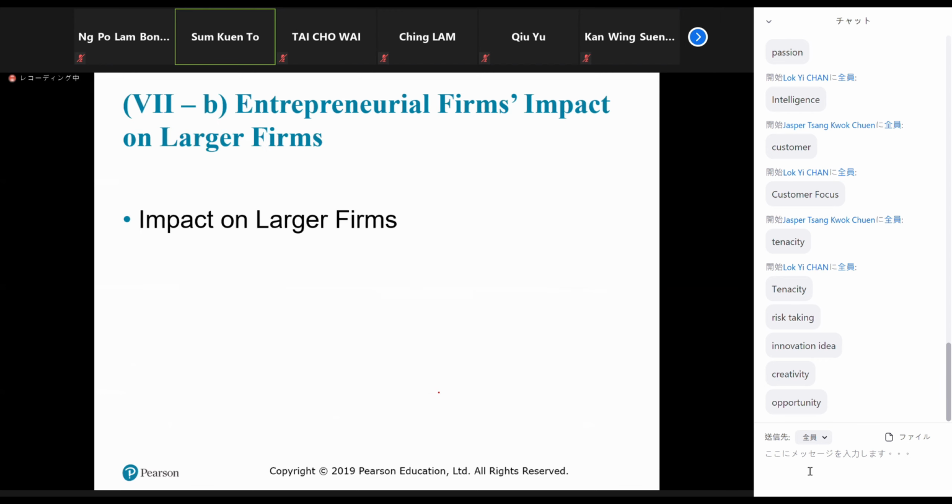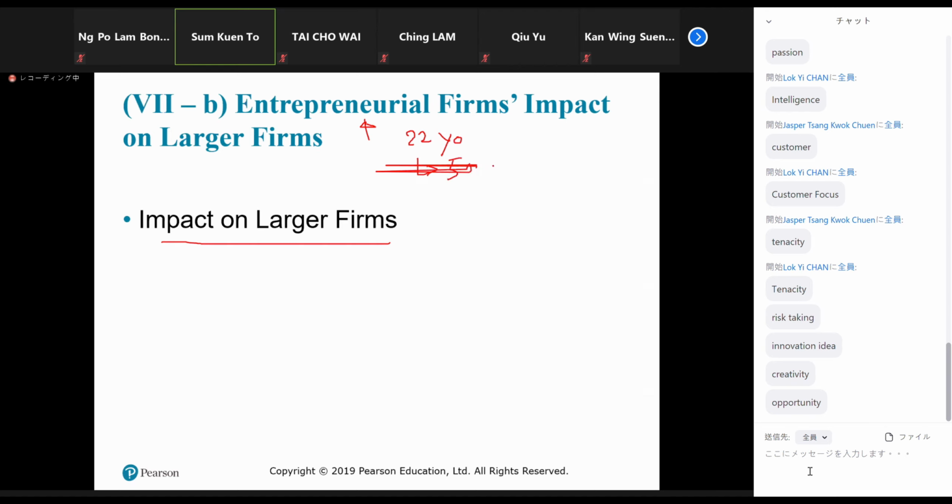All right. Anyway, as almost the final point here, apart from the economic impact, it is also very helpful for larger firms. Why larger firms? As an entrepreneur startup, you are only 21, 22 years old, and then of course you won't start a company with 5,000 employees.